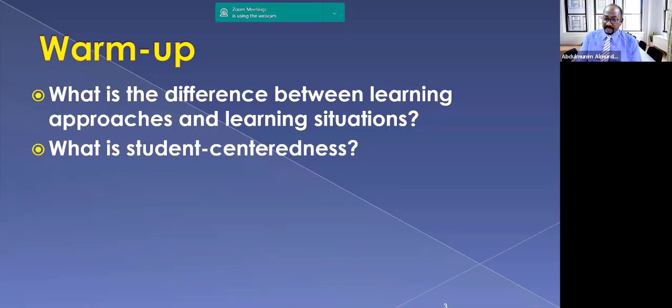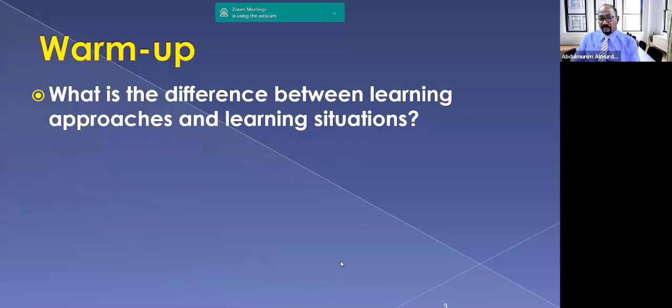So the driver is the student. So student-centered is one of the curriculum approaches. Any institution can adopt an approach in which the student is the center of the organization of learning. Okay.